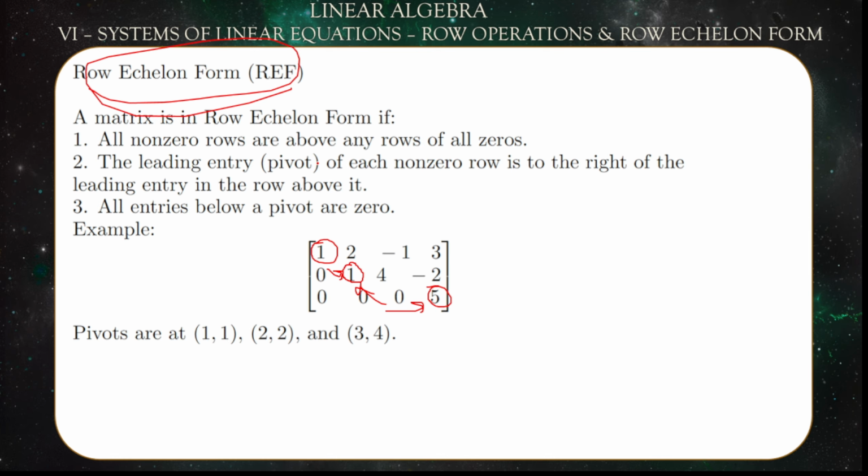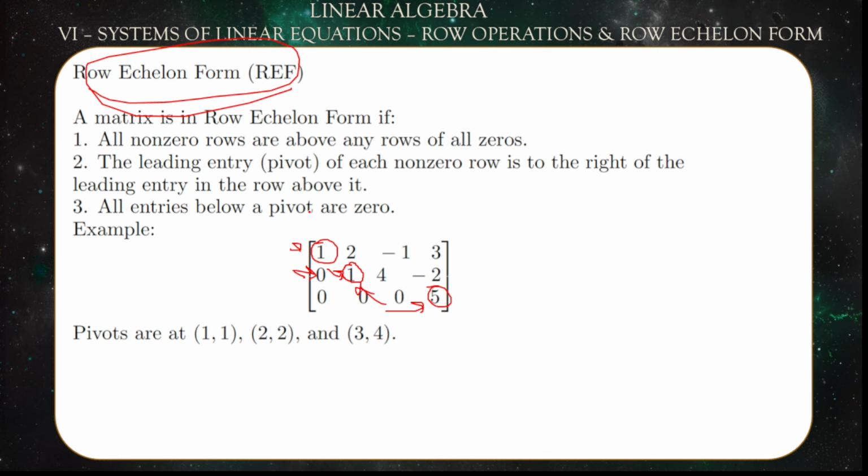So as we mentioned, all non-zero rows are above any rows of all zeros. Then you have the leading entry. We don't have any all-zero row here, but the leading entry of each row is to the right of the leading entry of the row above it, which is 5 in comparison to 1, then 1 in row 2 in comparison to 1 in the first row. Each one is to the right of the entry above it.